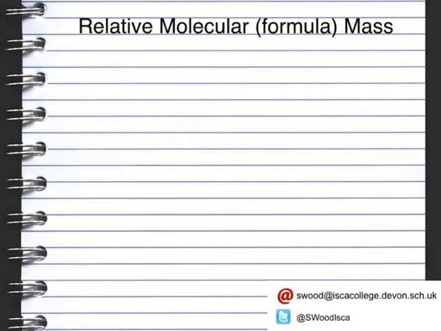Now we're going to do a second example, which is slightly more tricky. We're going to look at calcium hydroxide. If we look at the formula of calcium hydroxide, we've got no number after the Ca, which means we only have one of the atoms. Here we have a bracket, and then outside the bracket we have a 2, which means we've got 2 of everything inside the bracket.